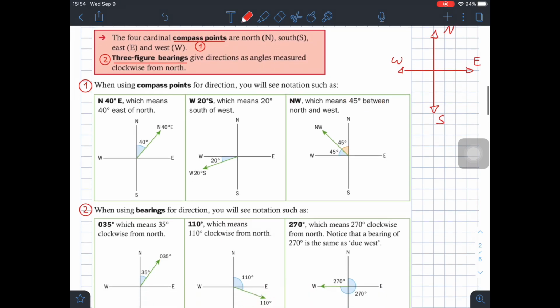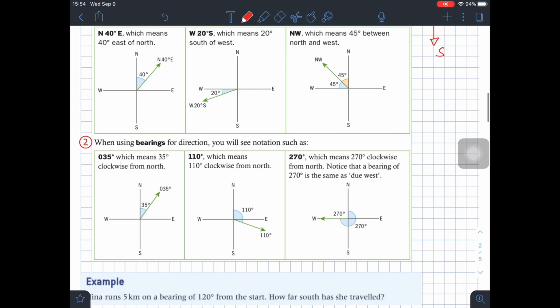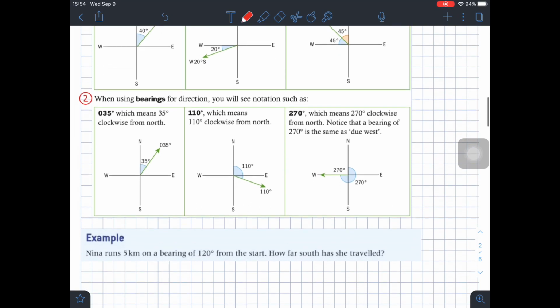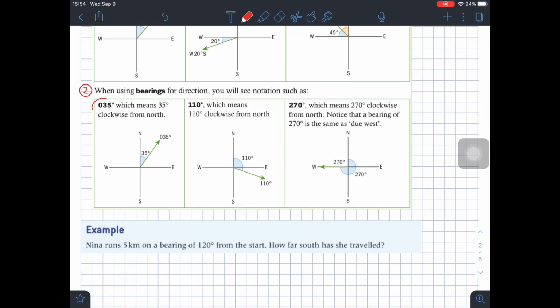Then we have the other rule, which is a little bit more tricky. It says, when using bearings for direction, you will see a notation such as this. And you have 035 degrees, or just 35 degrees, right? What does this mean? This means 35 degrees clockwise from north.